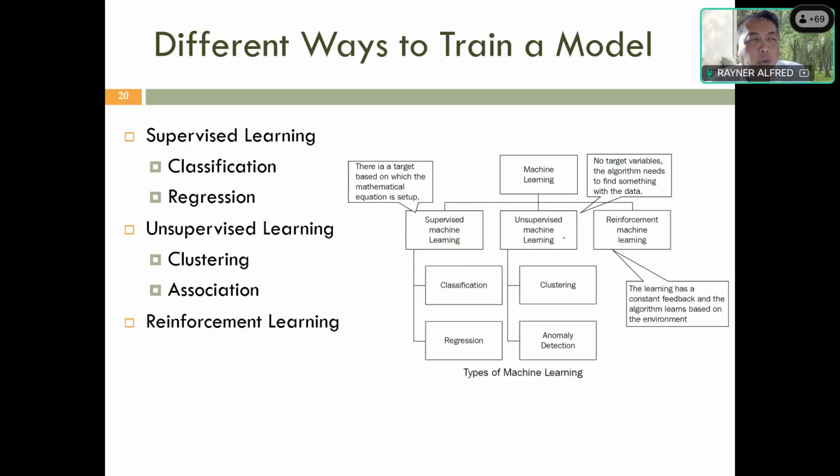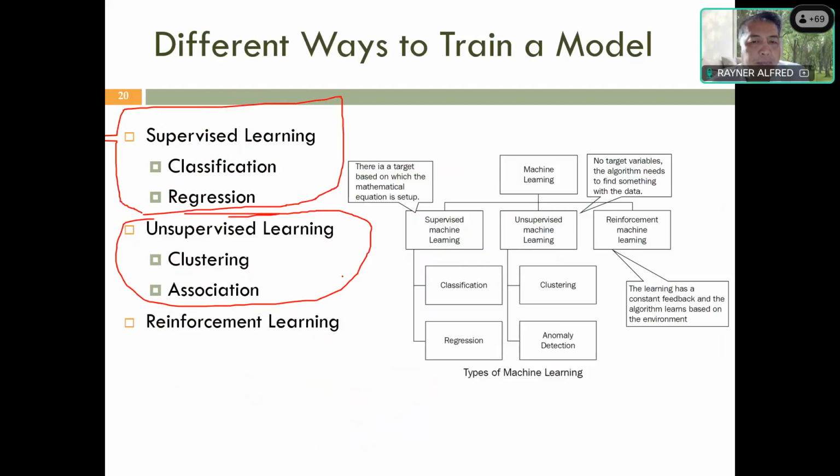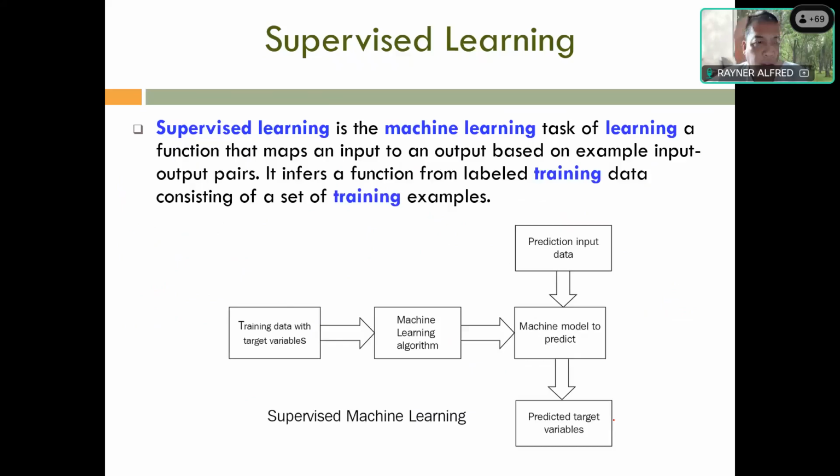Okay. So to give you an overview how supervised and unsupervised learning differ, we will look into this, just an overview from the top. Okay. So in the first one, supervised learning. So what happened is that we have training data with target variables. Target variables means the class label. So we use the class label to learn the data so that we can perform classification.